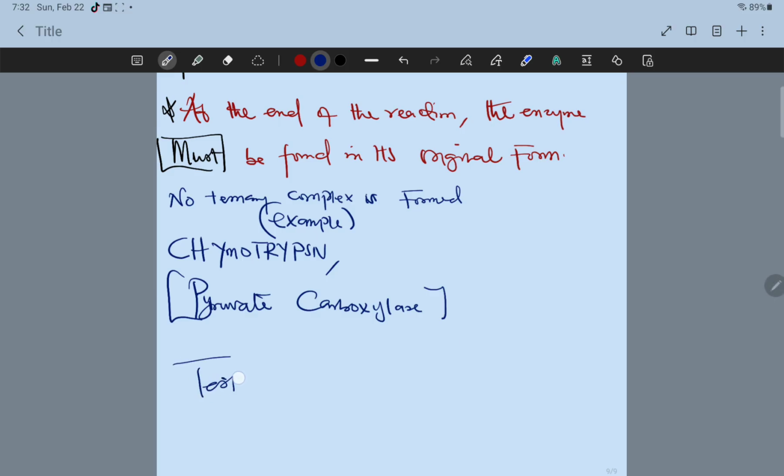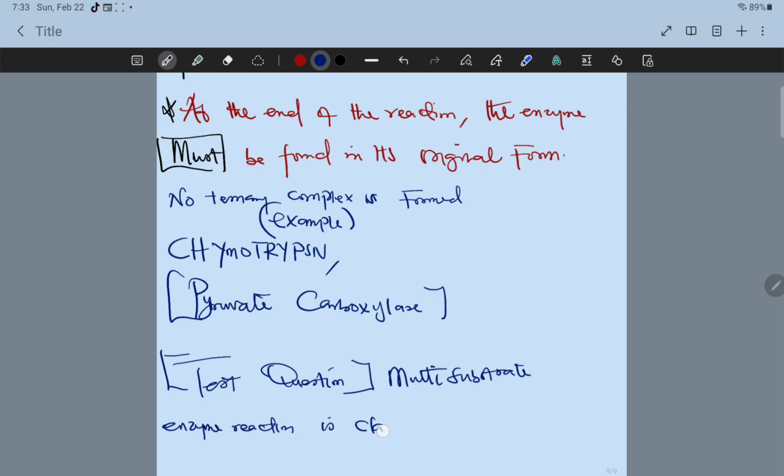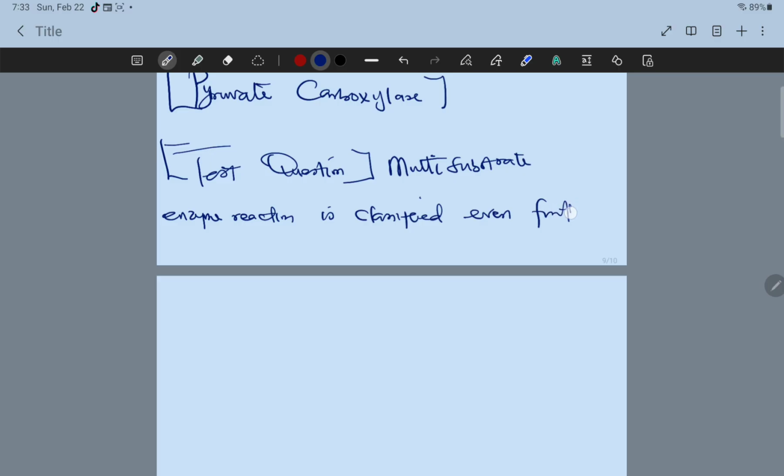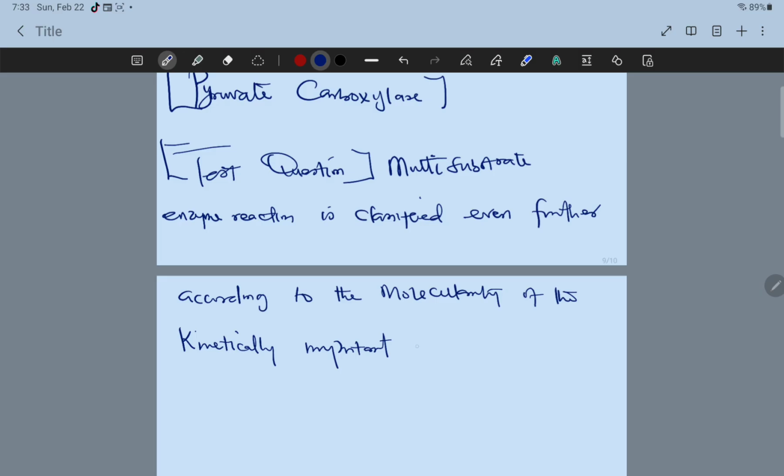Now, another test question we want to realize here is that multi-substrate enzyme reactions are classified even further according to the molecularity of the kinetically important steps in the reaction.